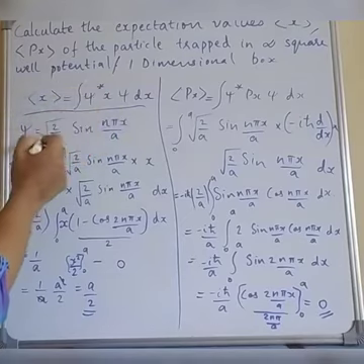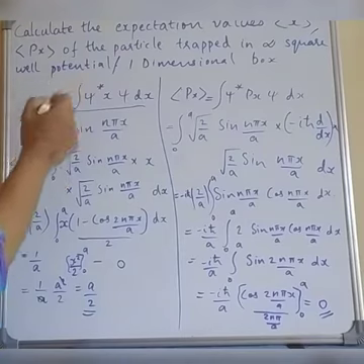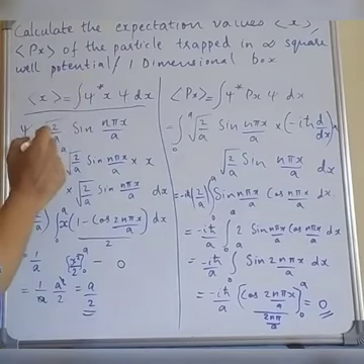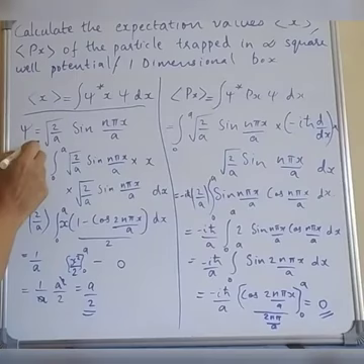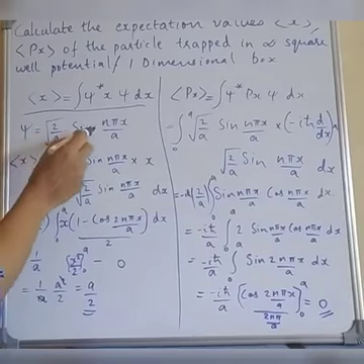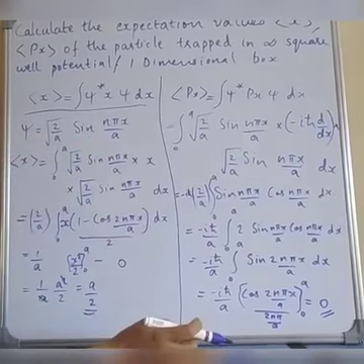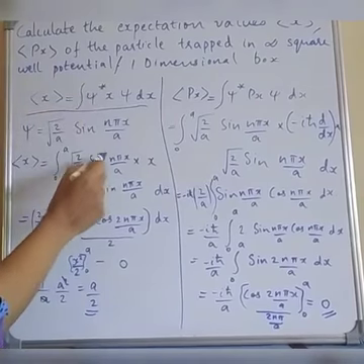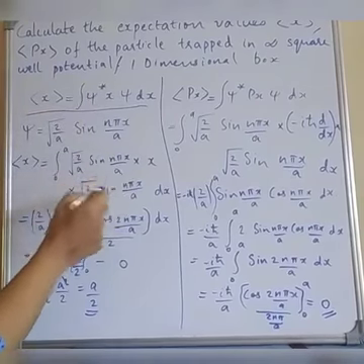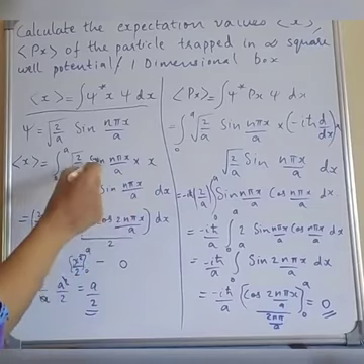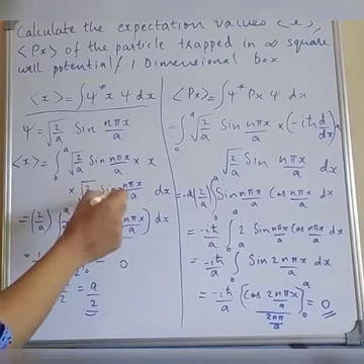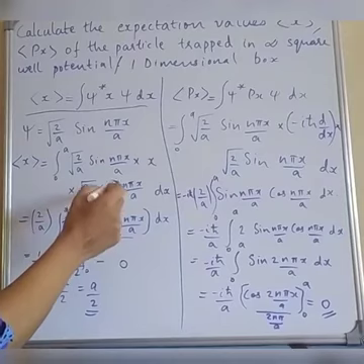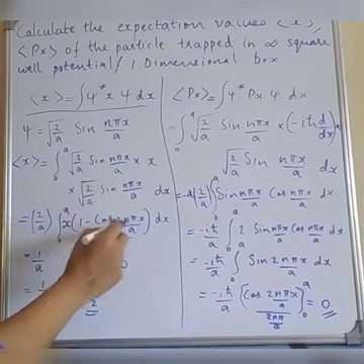Our wave function in the case of a one dimensional box of width A is square root of 2 by A into sine n pi x by A. To apply it in the equation, we have psi star x psi. Now, this is sine squared, so we write it using the equation (1 minus cos 2x) by 2.